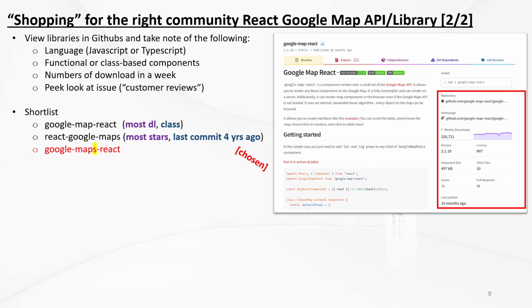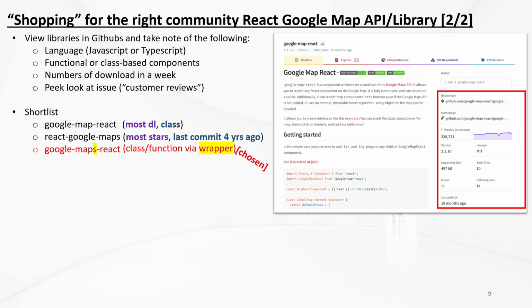For the second one, I realized that it has the most number of stars, but the last commit was 4 years ago, so it is not very updated, and for that reason I have decided not to use it.